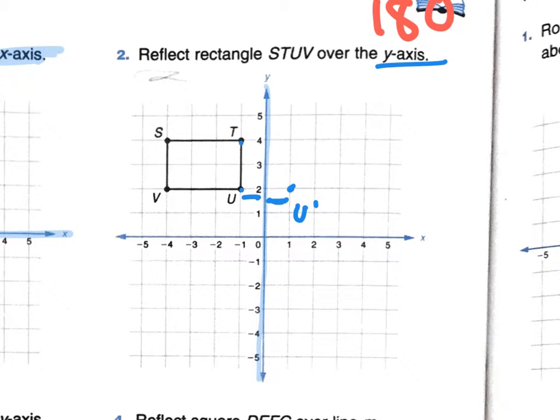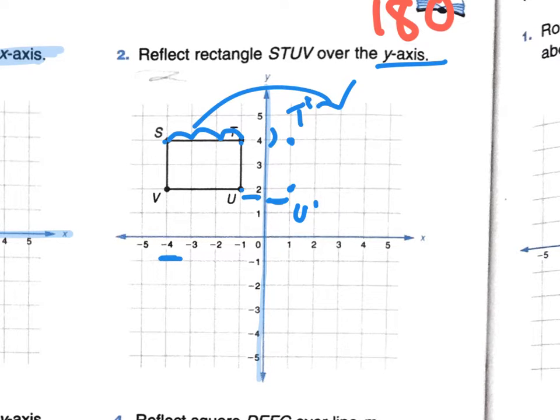I'm going to look at point T now, -1, +4. So if I'm flipping it, it's going to be at +1, 4, T prime. Now I'm going to go ahead and do S. For S, one way we can look at it is saying, okay, S and T are 1, 2, 3 apart. So I could go ahead and just count over here, 1, 2, 3. But just to make sure I'm accurate, I'm going to look at the coordinates. -4, 4.